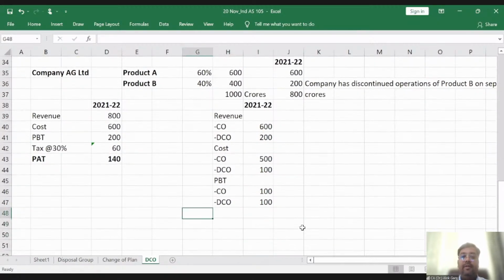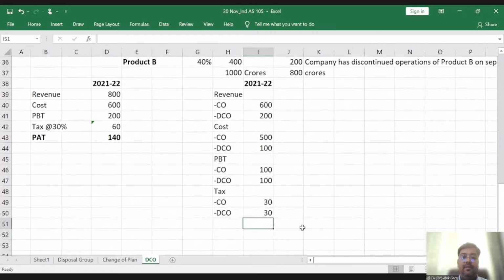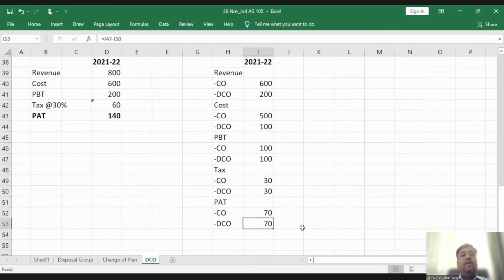Then your tax, multiply by 30%, again multiply by 30%. Then your PAT. Friends, the company has given this kind of P&L.